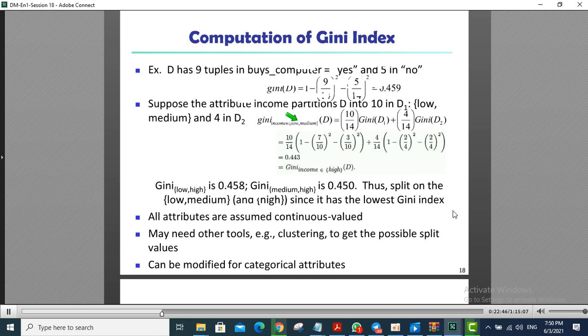but look at this, the splitting point for income is low and medium.